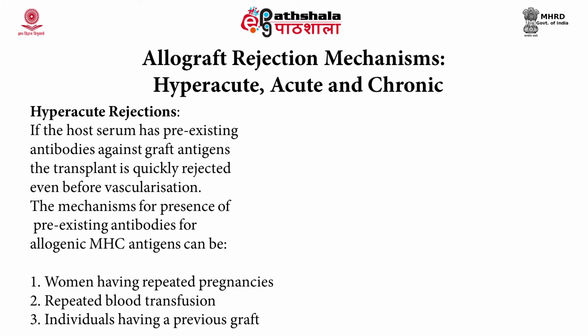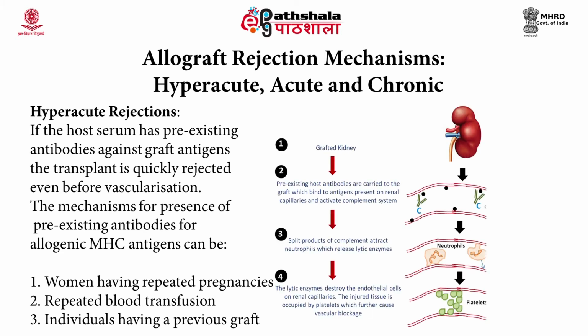Hyperacute rejections occur if the host serum has pre-existing antibodies against graft antigens. The mechanisms for the presence of pre-existing antibodies against allogeneic MHC antigens can be if a woman has repeated pregnancies, or there are repeated blood transfusions, or the individual has had a previous graft.